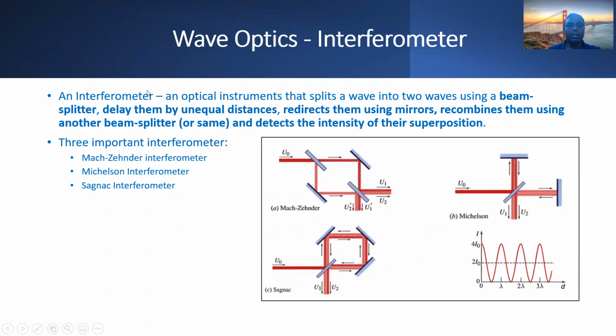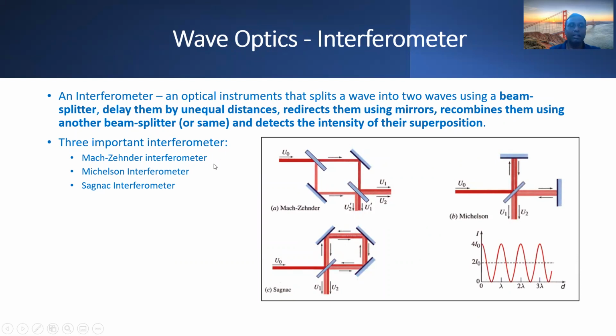Interferometer, right? An interferometer is an optical instrument that splits a wave into two waves using a beam splitter, delays them by unequal distances, redirects them using a mirror, recombines them using another beam splitter, and detects the intensity of the superposition. There are three important interferometers.